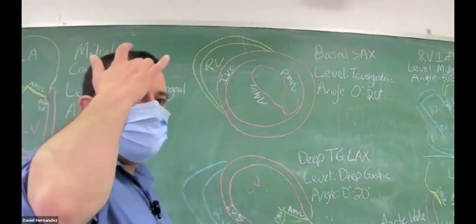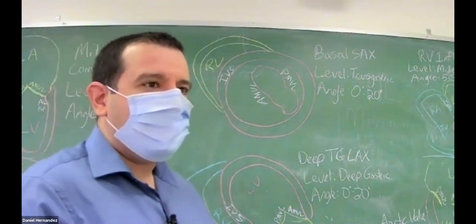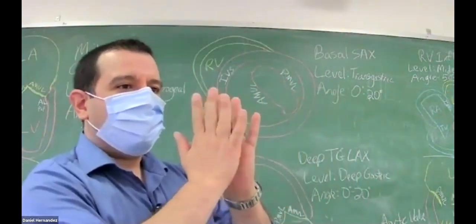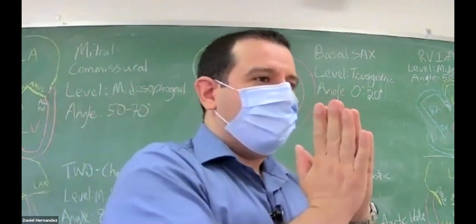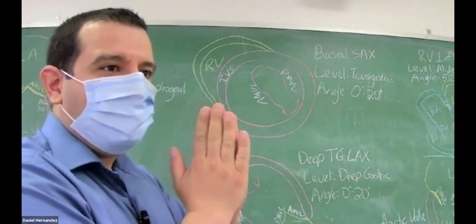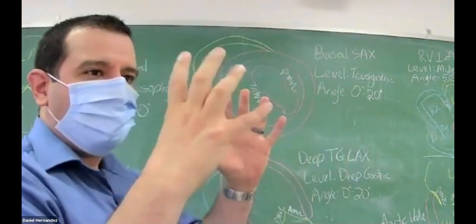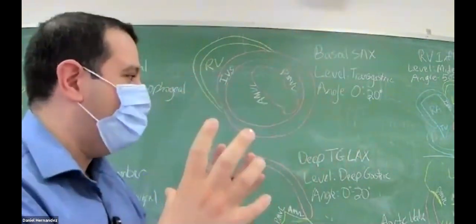The important thing to remember is that the transgastric views give us a very good assessment of systolic function. With the short axis views from the transgastric level, you get nice wall motion to assess systolic function.